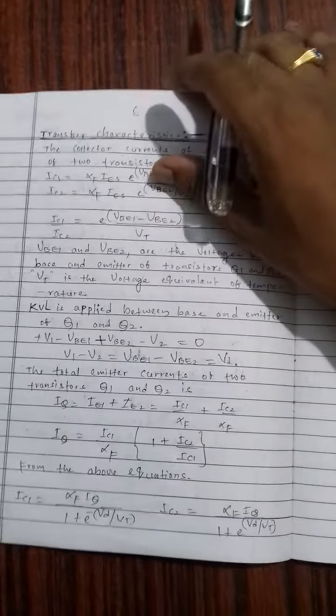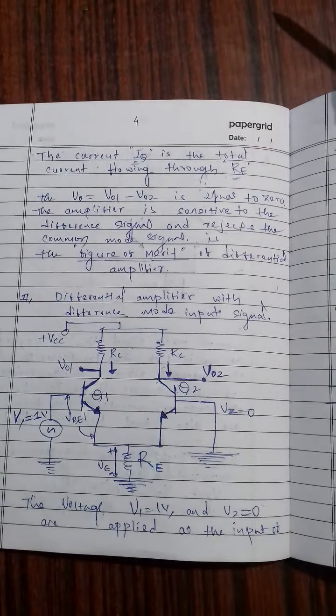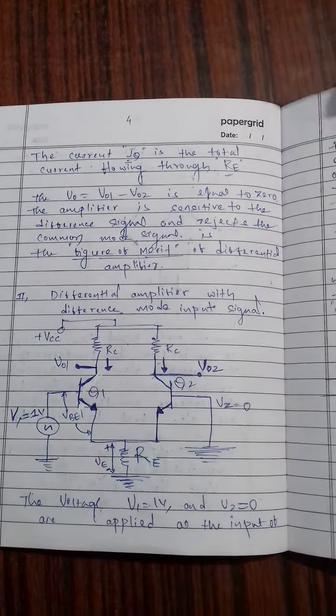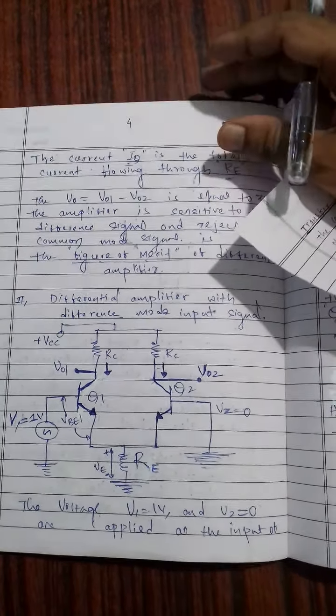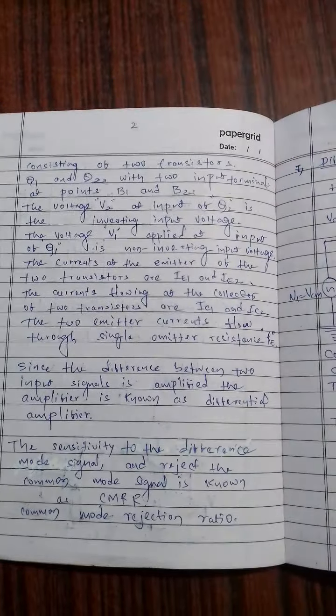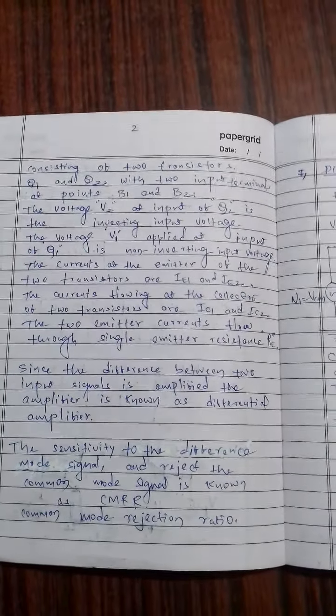Before that, we have discussed the common mode signals and difference mode signals, the differential amplifier with common mode signal and difference mode signals. For that, we have discussed what a differential amplifier is.